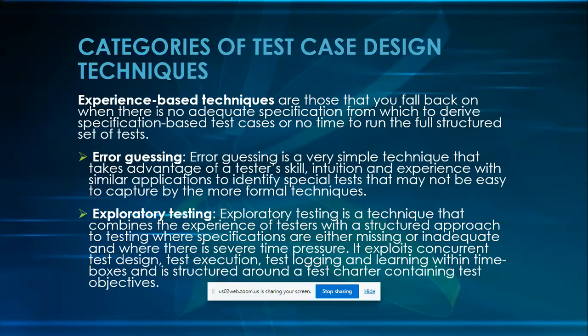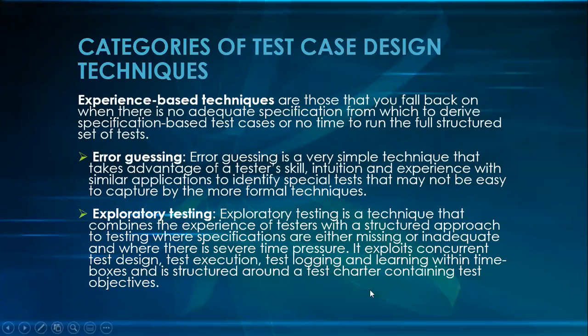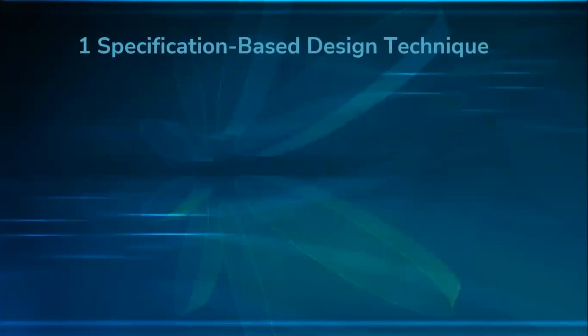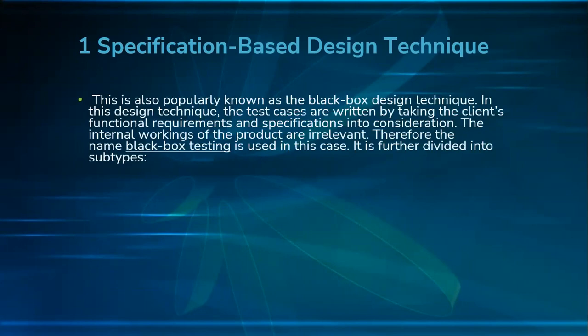So after this is done, the next thing is, let's take it one at a time. I told you initially, specification-based is also popularly known as the black box testing technique. In this design technique, the test cases are written by taking the client's functional requirements and specification into consideration.